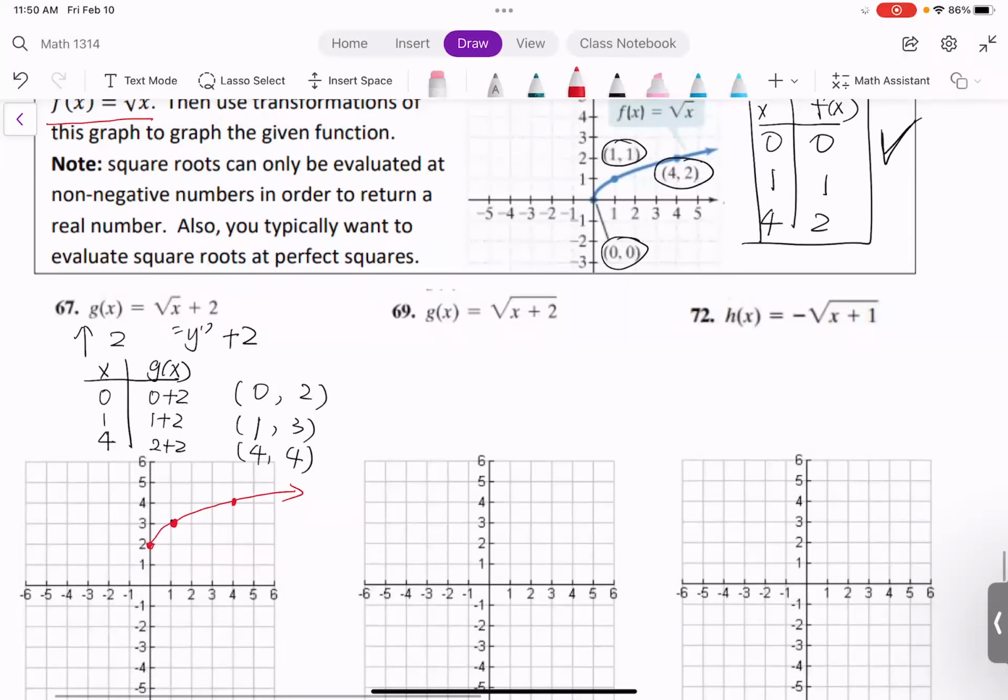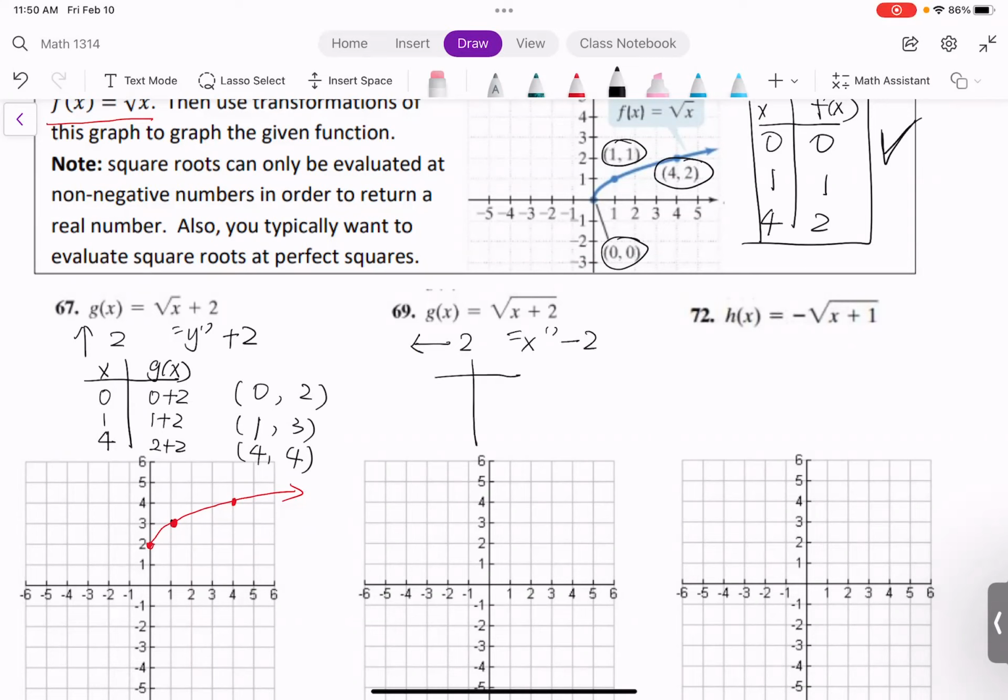Okay, let's see the second transformed function g of x. The transformation is inside the square root: x plus 2. X plus 2 means we are moving to the left 2 units. All the x subtract by 2.